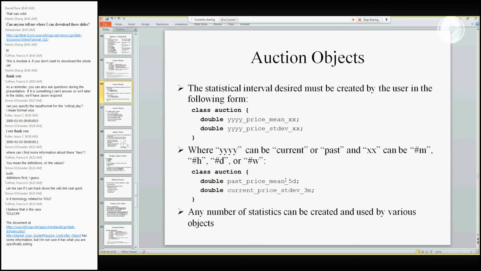You can use any of the standard units for days, weeks, months, seconds, hours, all those different types of things. And so these are the statistics that the controller objects will then look at to make certain decisions.